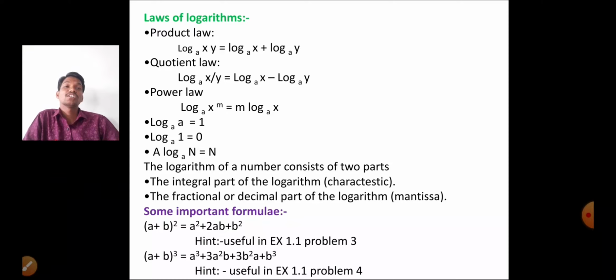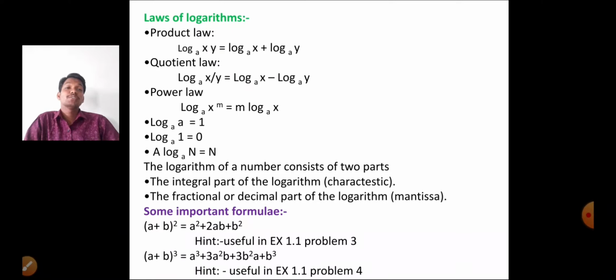The quotient law: log a of x by y equals log a x minus log a y. Power law: log a of x to the power of m means the power comes before the log, m log a x. Log base a of a equals 1, log a of 1 equals 0, and log a of a to the power of n equals n.